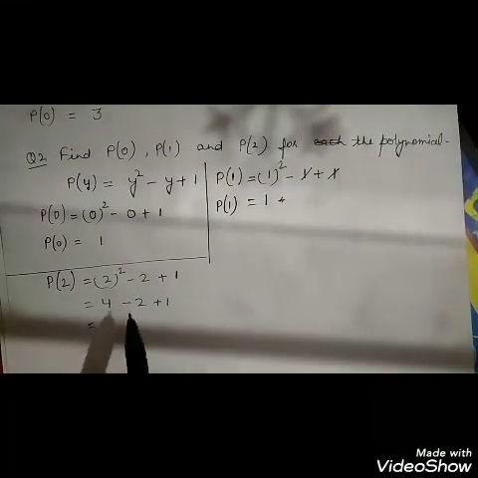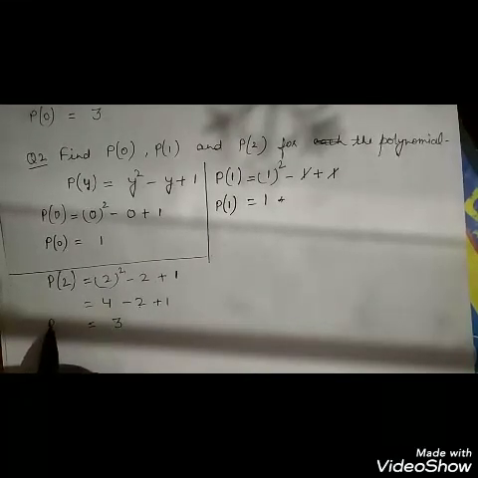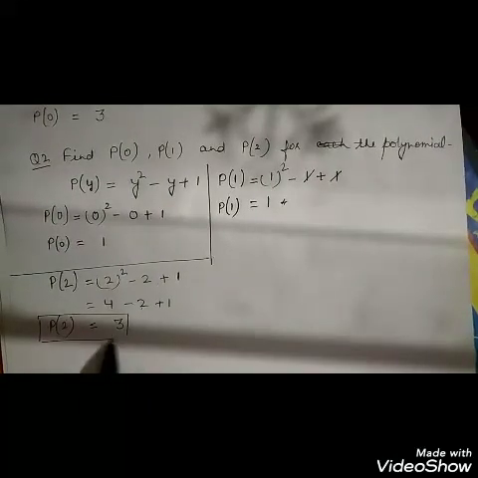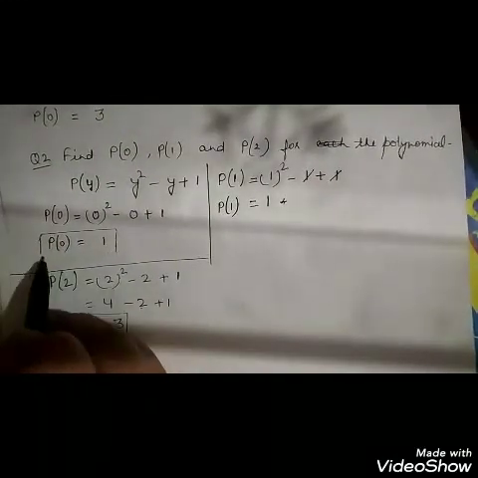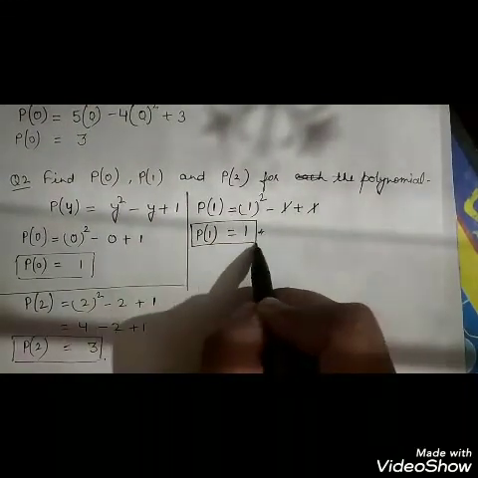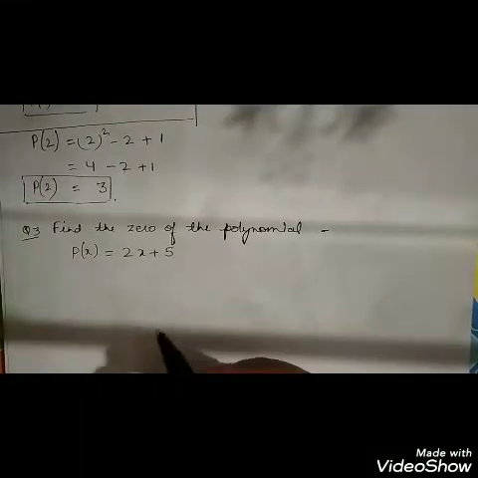That is 4 - 2 = 2, plus 1 is 3. p(2) is 3. p(0) is 1 and p(1) is 1.